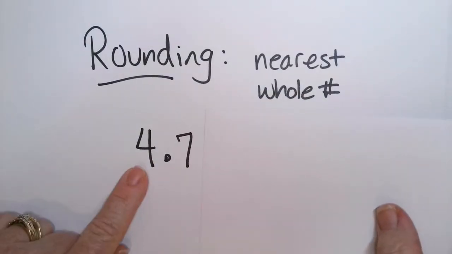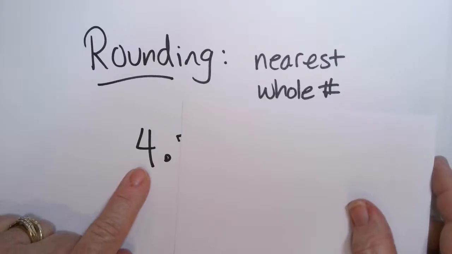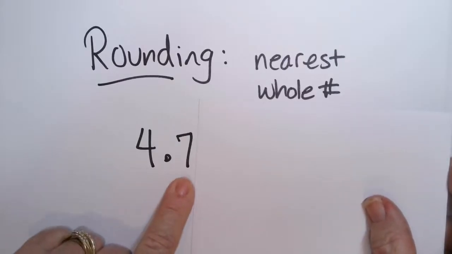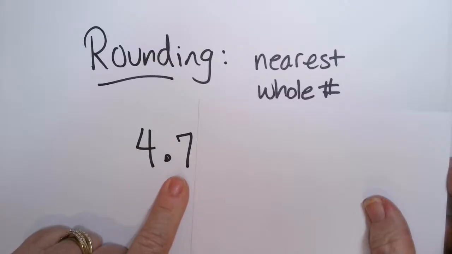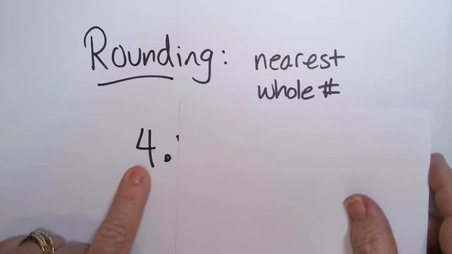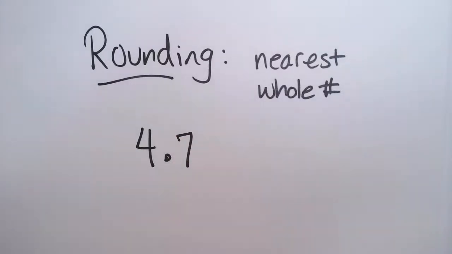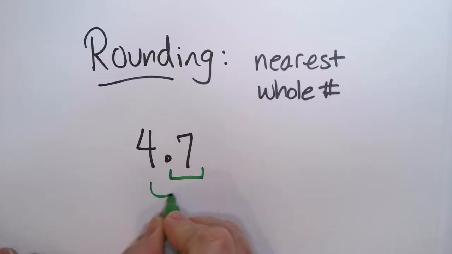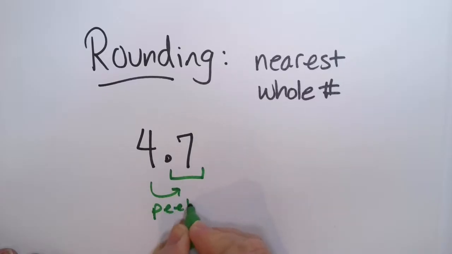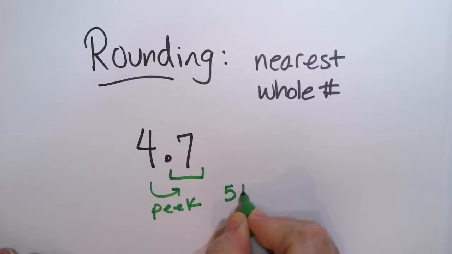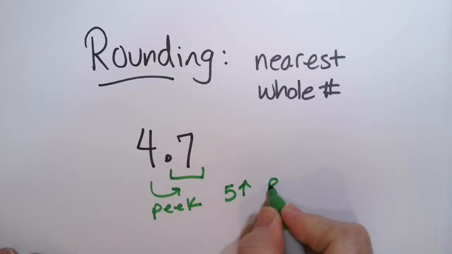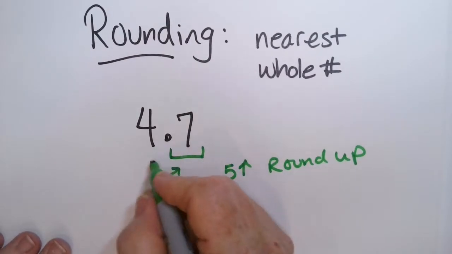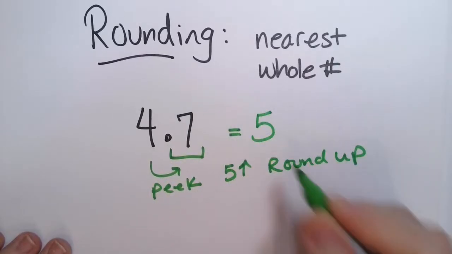You take a look at the whole number, 4, and then you just peek. You say, okay, 0.7, anything that's 5 and up means that this number goes up, and we still throw this away. So we're just peeking here. We take one little peek, and if it's 5 and up, then we round up. So 4.7 rounded up gives me 5.